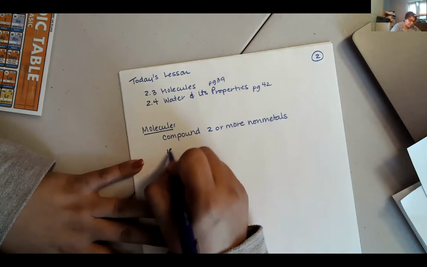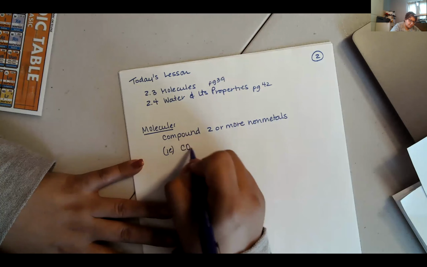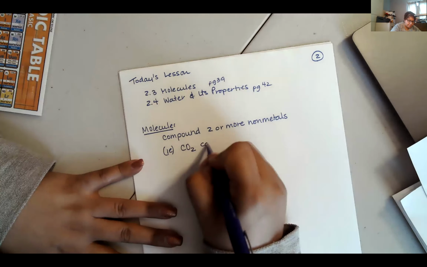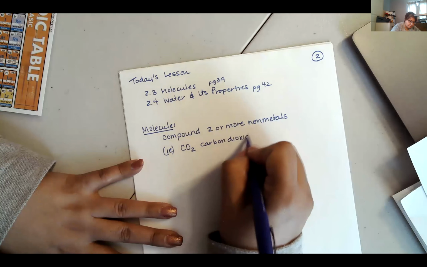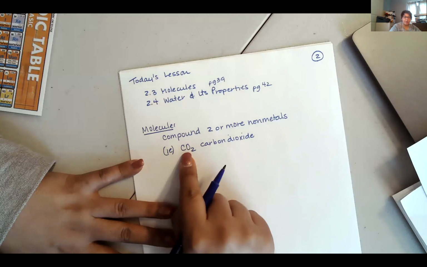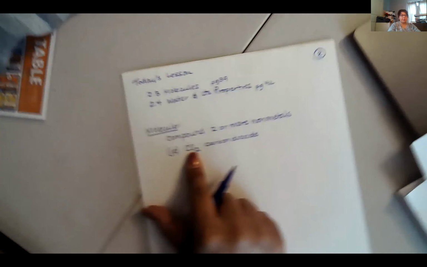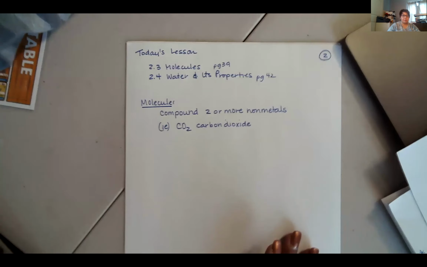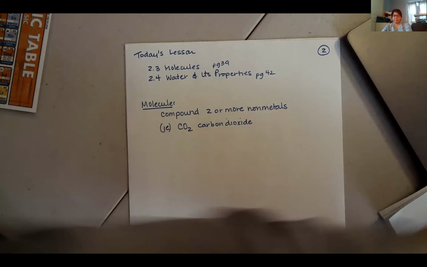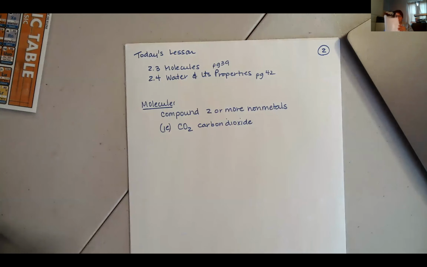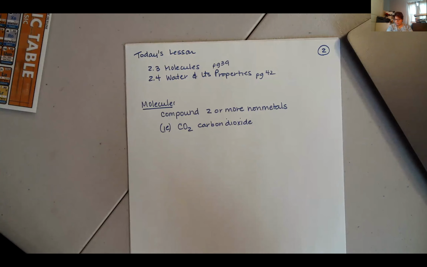So for example, carbon dioxide is a molecule, because carbon's a nonmetal and oxygen is a nonmetal. And I think about last time, let me double check my notes. I think I talked about the difference between metals and nonmetals. Did I not? Yes, I did.